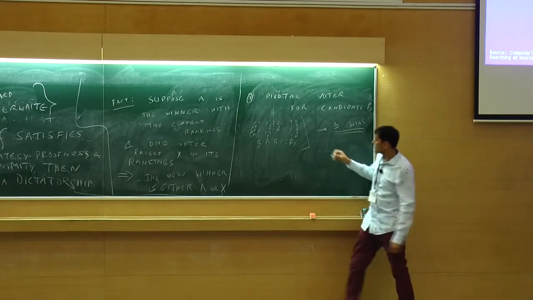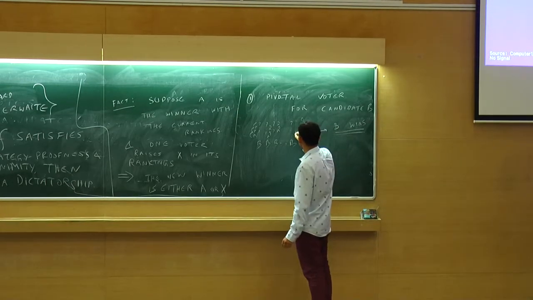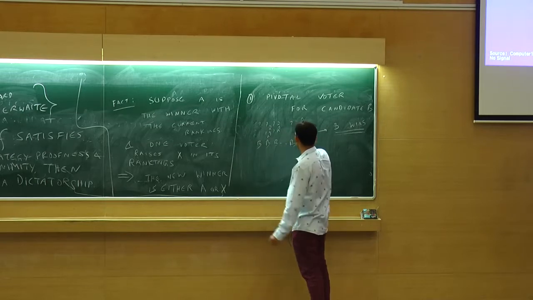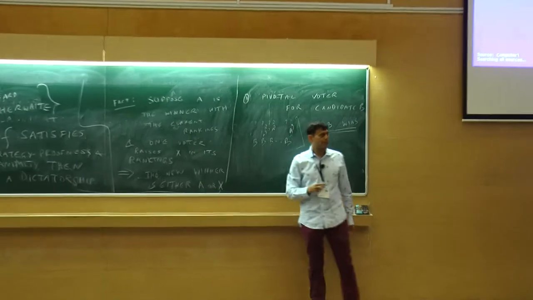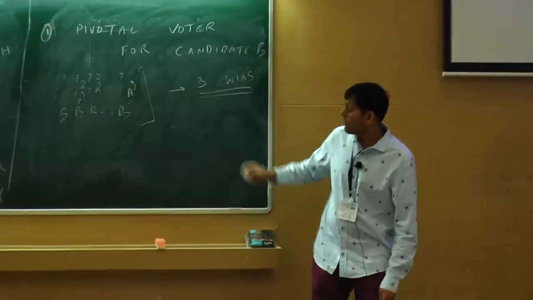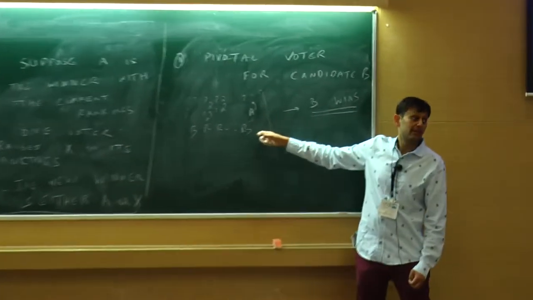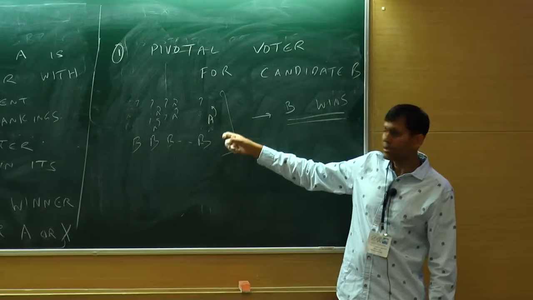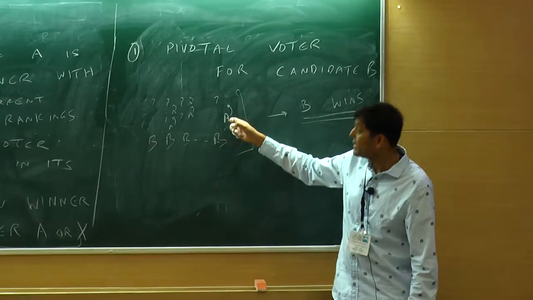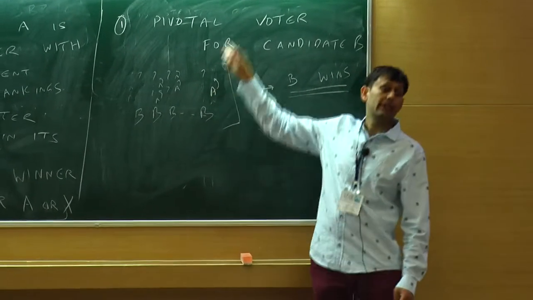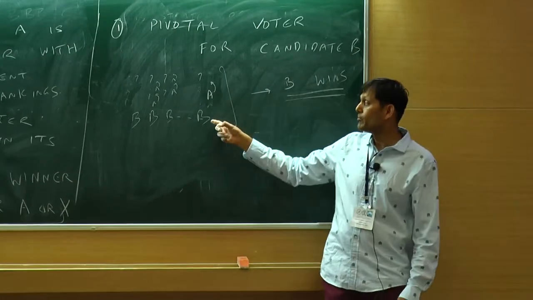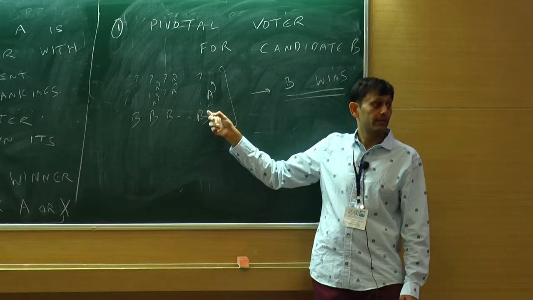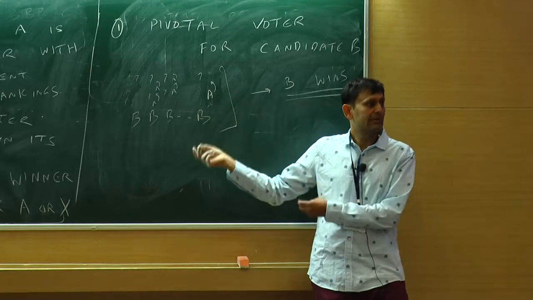Let's say this is that point: just before, A was not winning, and if this voter raises A by 1, then A wins. But for this voter, A was ranked above B. So even though A was truly here, this voter would misreport A as being higher to make A win, because A is above B, so this voter would rather have A win. So this can't be strategy proof.